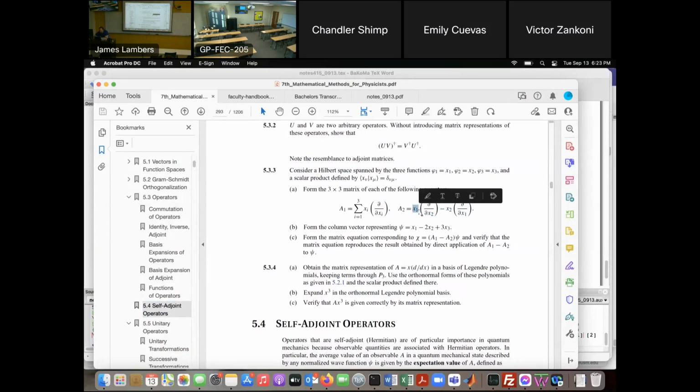Because on the first operator, whenever it's partial derivative of xi, and there's an xi right next to it, that kind of seems pointless of it being like that. But the partial derivative has to be applied to whatever the operator is being applied to.